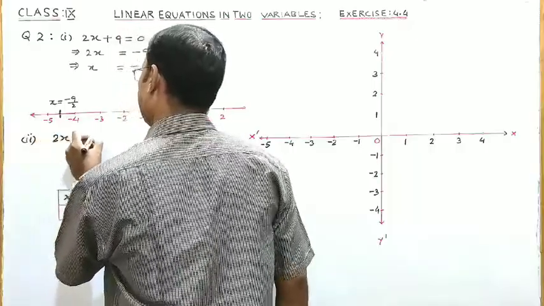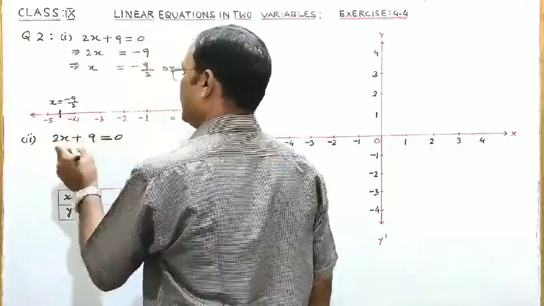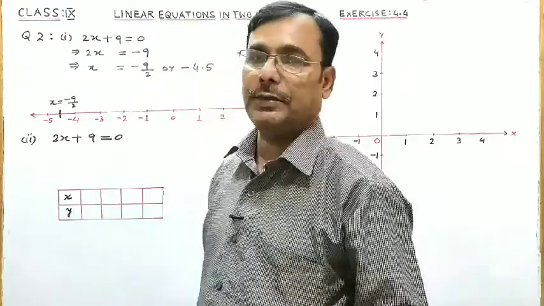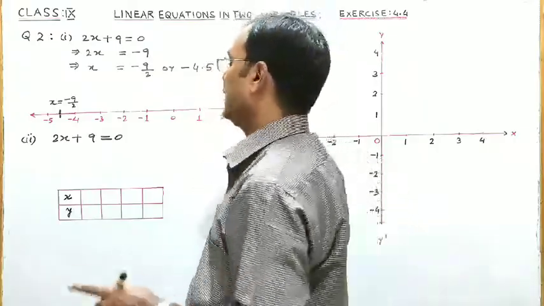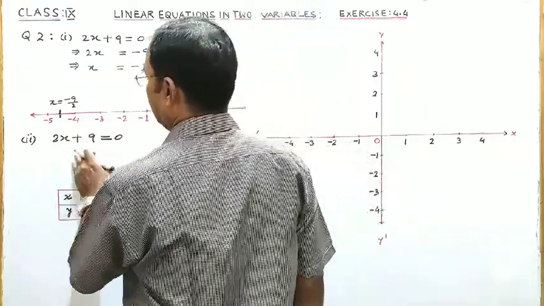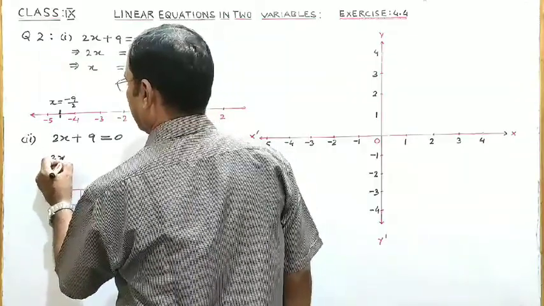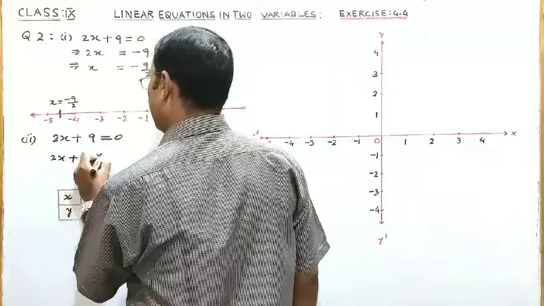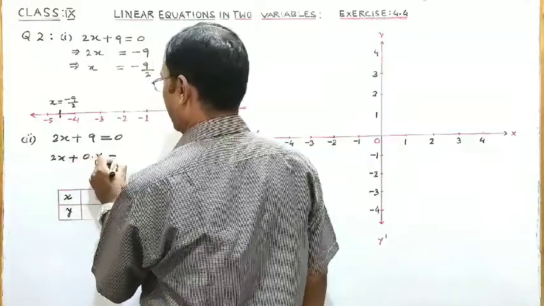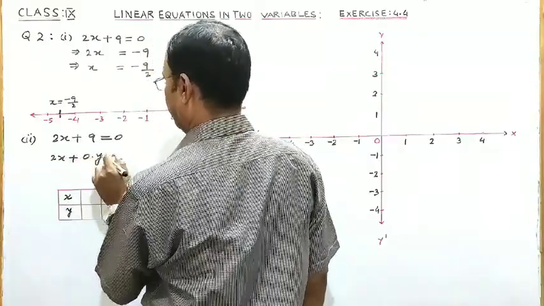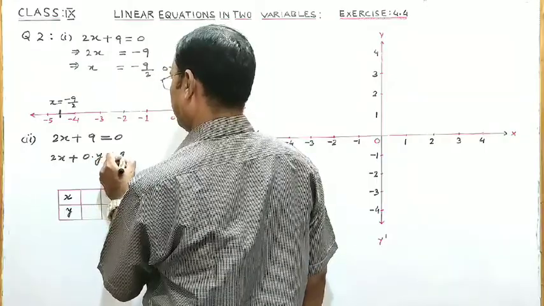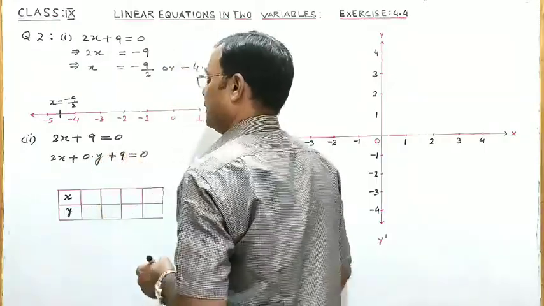2x plus 9 equal to 0, which is a linear equation in one variable x only, can be expressed as a linear equation in two variables as 2x plus 0 into y plus 9 is equal to 0.